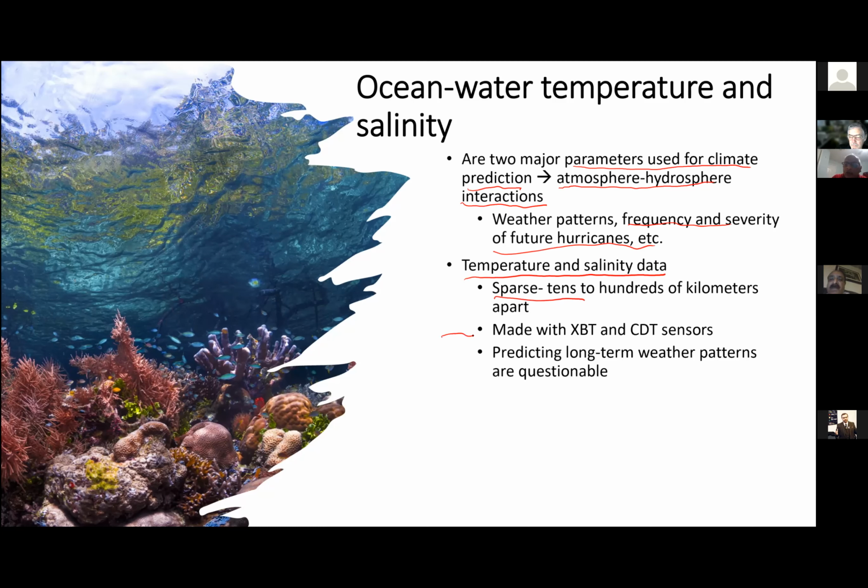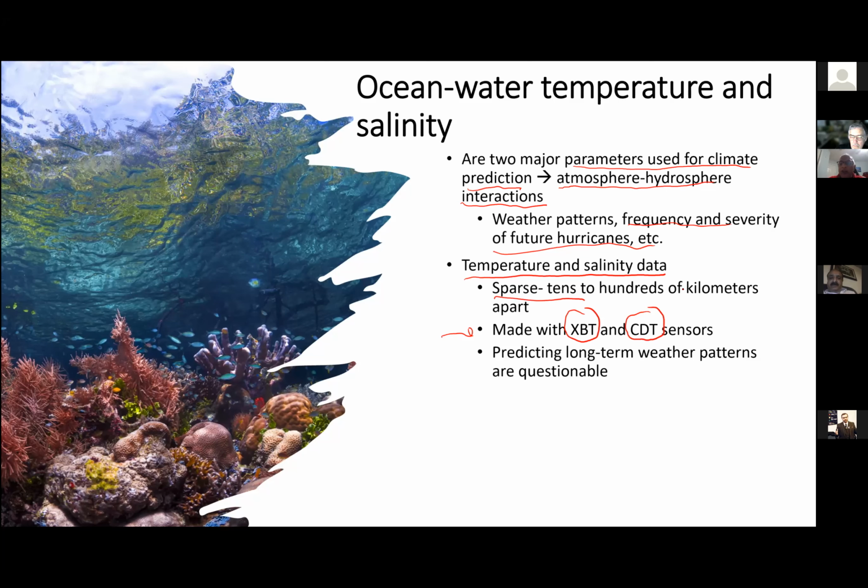They use specific sensors called XBT, which is the expendable bathythermograph, and CTD, the conductivity temperature depth profile. So that measures the conductivity and temperature, and from conductivity, they relate it to the salinity.